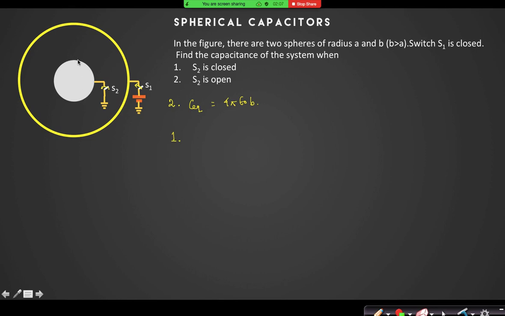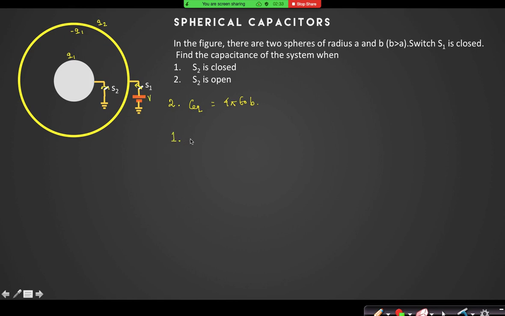So let us assume that this charge is Q1. Then this charge will be minus Q1, right? And let us assume the outer surface will have a charge Q2. So what is the total charge that is sent by the battery? Is it Q2 minus Q1? Yes or no? Total charge sent by the battery is Q2 minus Q1.